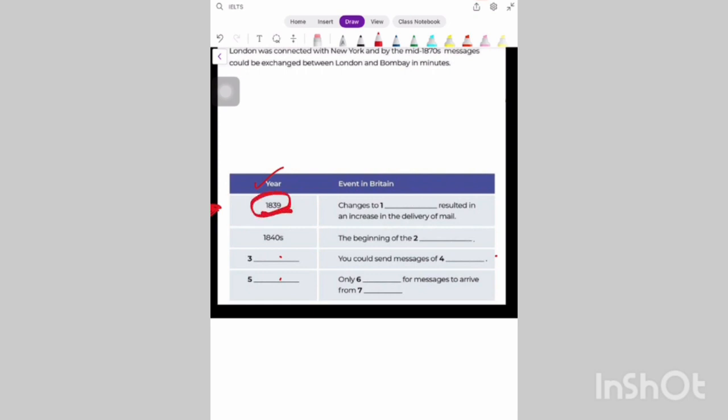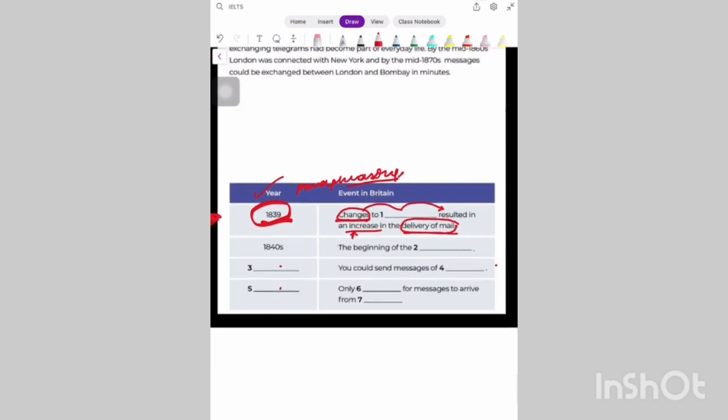In the year 1839, something was changed, and that change actually resulted in an increase in the delivery of mail. So something related to the delivery of mail was changed, and it caused an increase. Now look for paraphrasing as well, because they are not going to serve you the answer on a platter. So first of all, I'll try to predict the answer: there was a change to some kind of method by which delivery of mail is done.